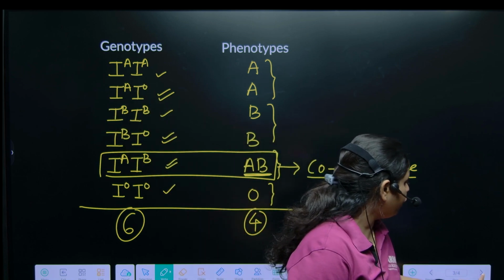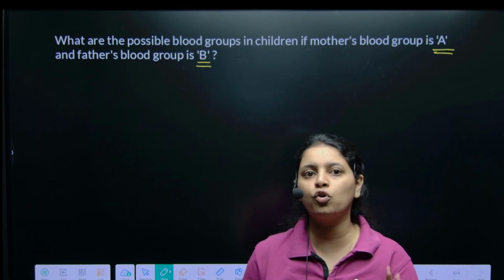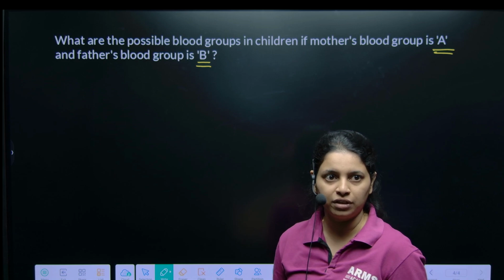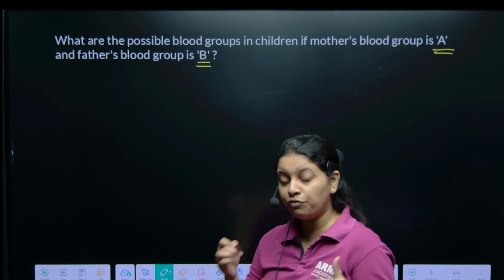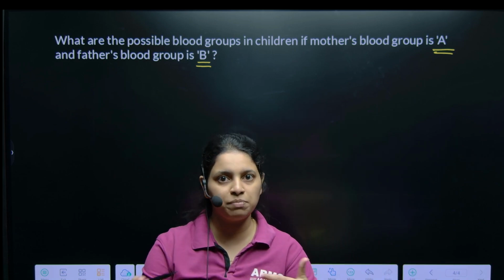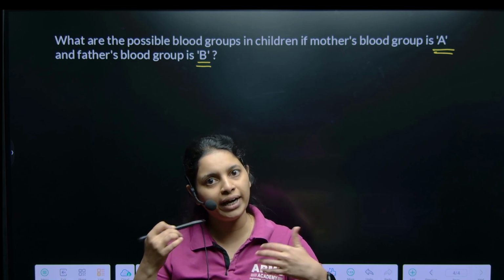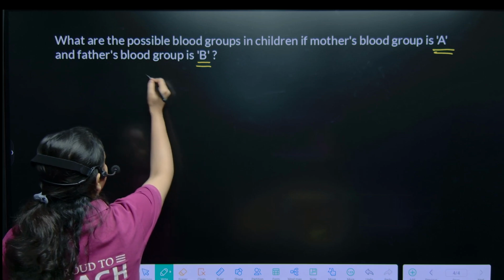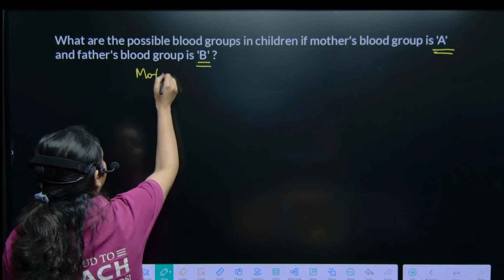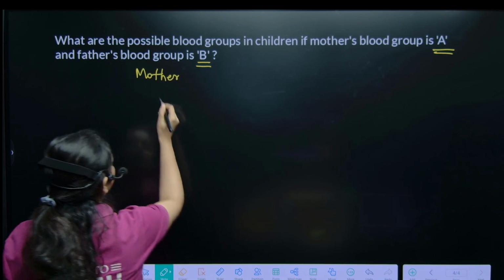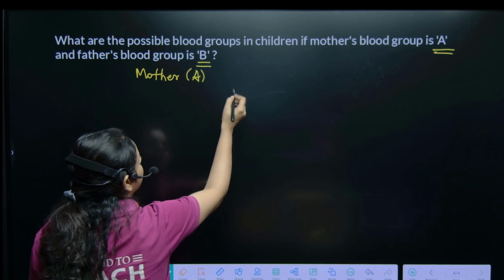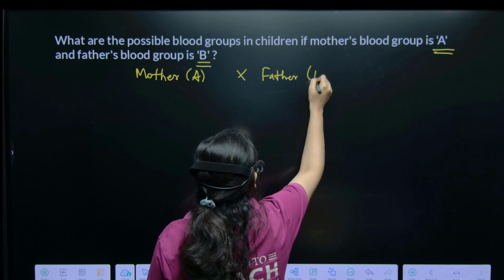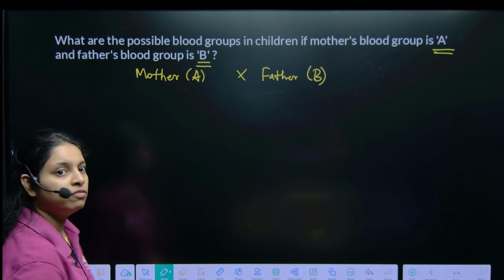Always remember, if we have to find the possible blood groups in children, take hybrid genotype and start solving. Take hybrid, because then you have both the possible allelic combinations together and you get all the possible offspring in one go. So let's write it. Mother, the blood group is A, and father, we have blood group B. Let's try to solve this.